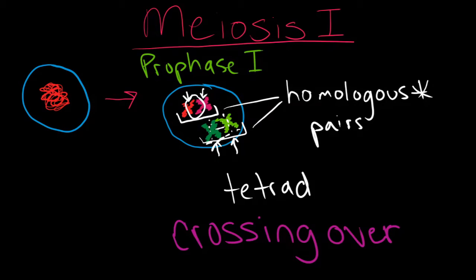So it's not mixing up information that doesn't match and go together, but it is rearranging which versions of the genes are found on this chromosome. It's like shuffling the cards in a deck.